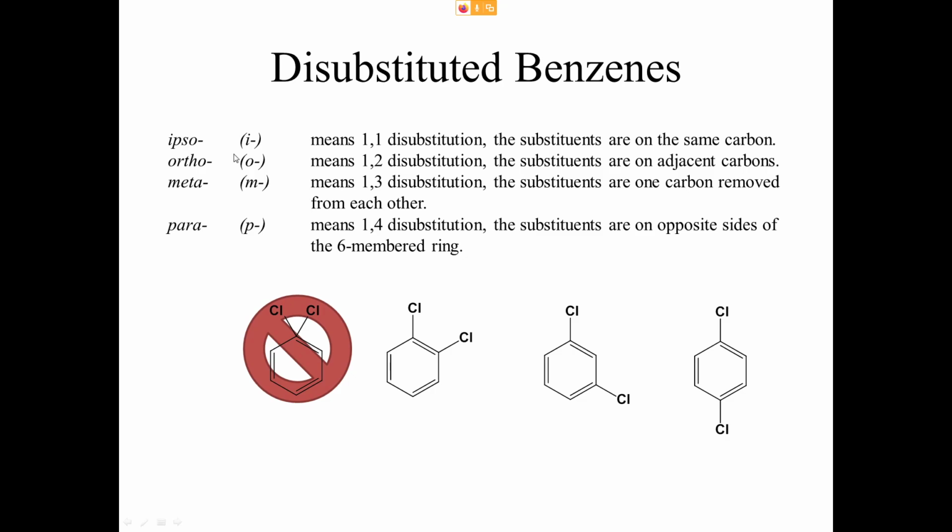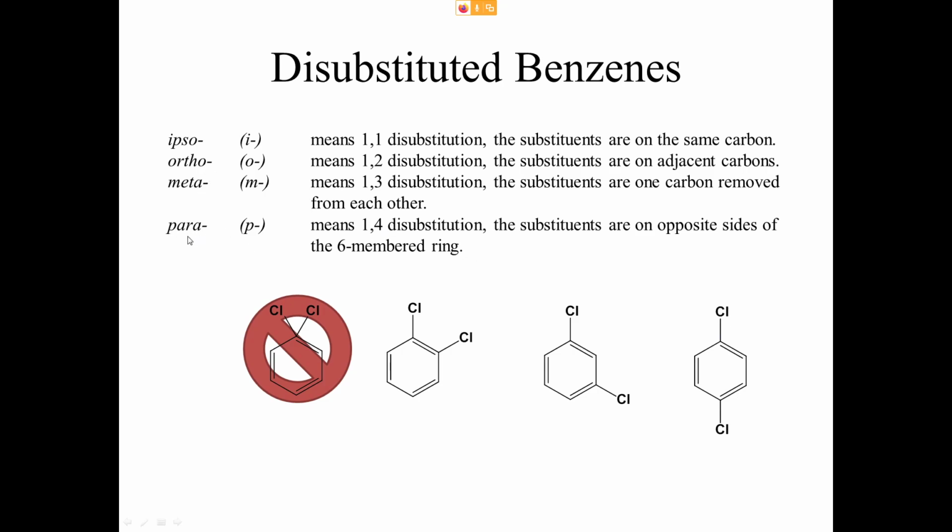So the abbreviations for these, we use the Latin prefixes. If it's on the same carbon, we call it ipso, because ipso means same, or self. If they're adjacent to one another, we call it ortho. We can abbreviate it with a little italic o. If they're as far from each other as possible, on opposite sides, that's the 1,4, we call it para.